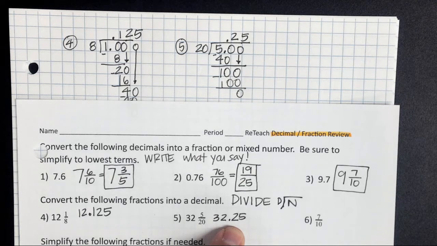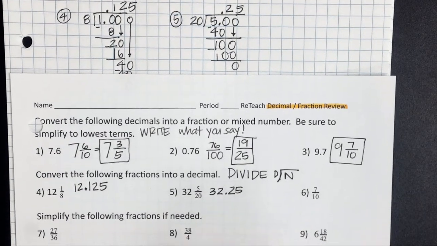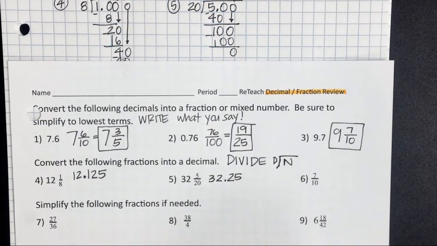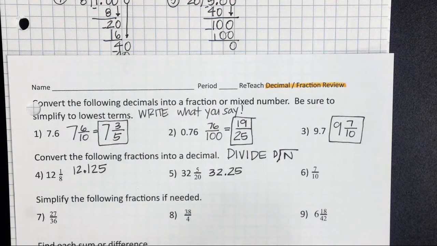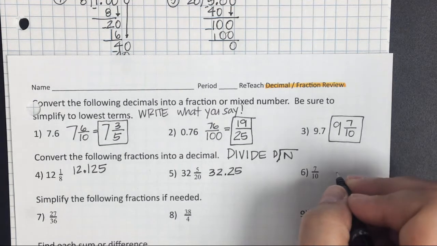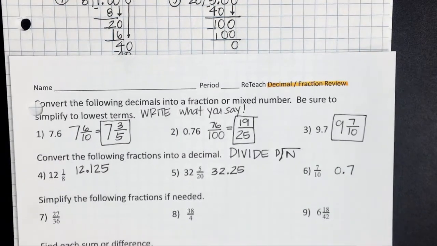Ah, that's why it's called a quarter. Yeah. Yep. All right, do we need to divide on number 6? No, because we can just put the 7 and the 10s. Absolutely, because if I read that, it says 7/10. So that's going to be 7/10. So that one we don't even have to divide.